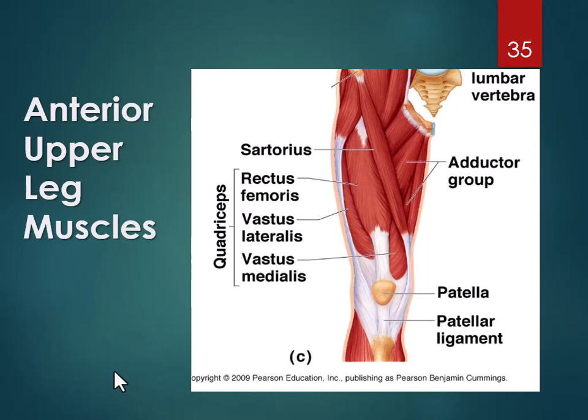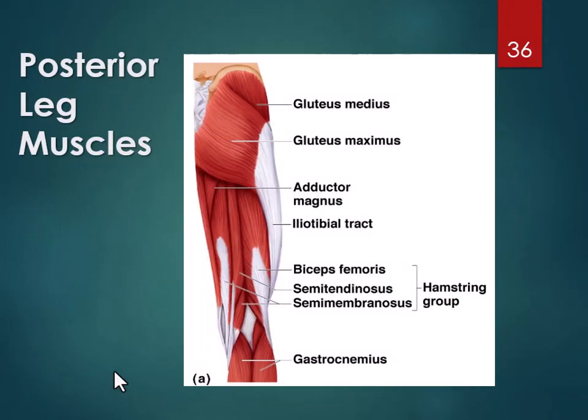Your quads are the front leg muscles, and your hamstrings are the back of your thigh.